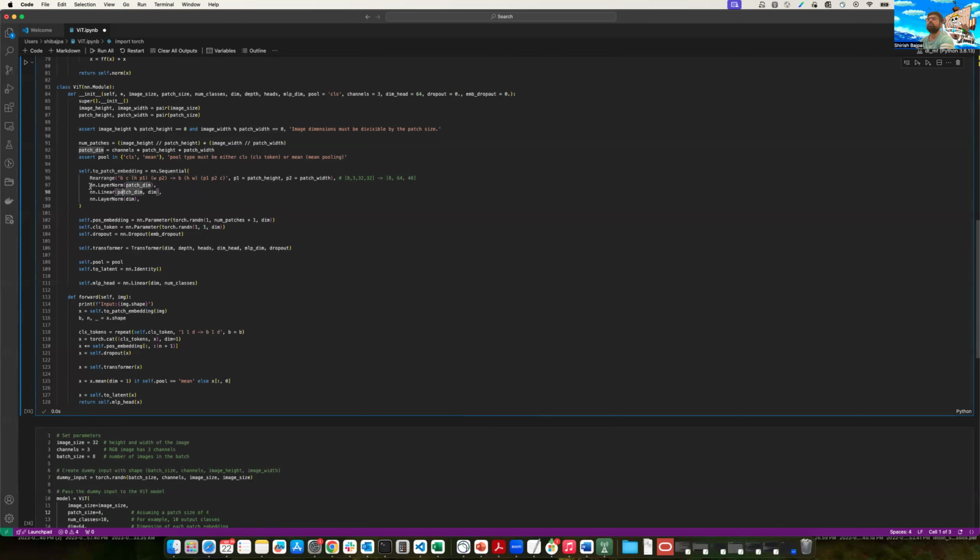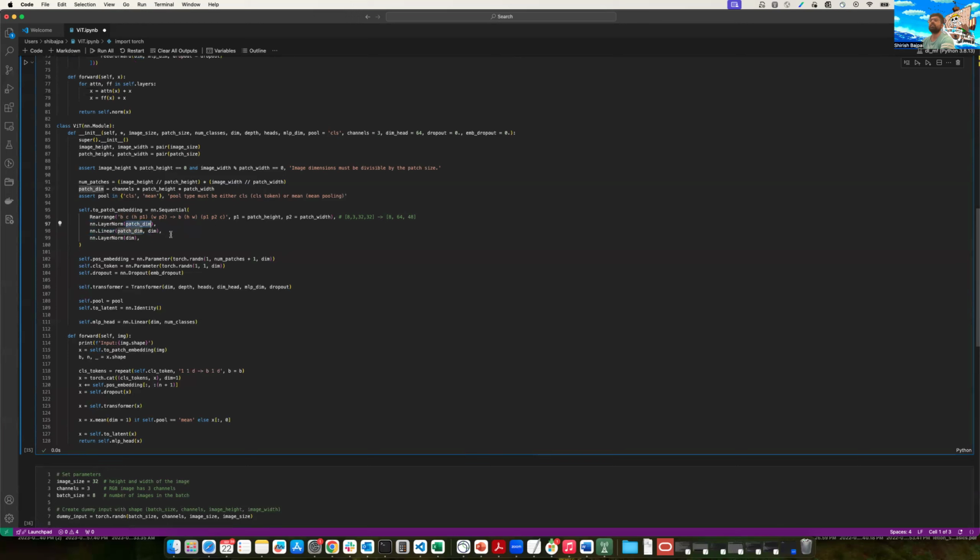Now we normalize across the patch dimension, right? The patch dimension is nothing but the last dimension, which is channel cross patch height cross patch width, right? So across it, we are normalizing. We normalize so that there is stability in the training, right?